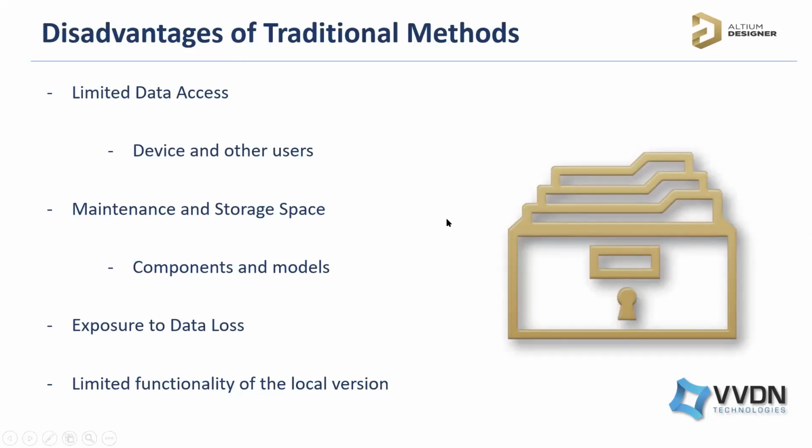So local storage provides limited data access from your device, right? And other users, while the library is stored there. When the library is stored in your company network, user access is much wider, but it is still limited to internal team members.